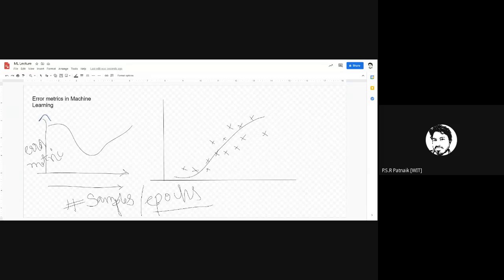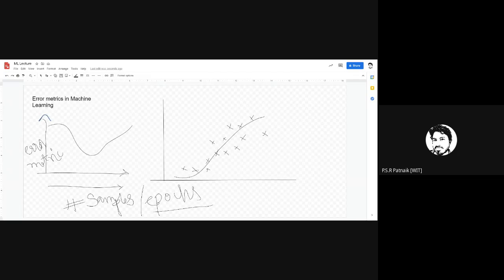Now coming back to linear regression, let us suppose this is my linear regression, and these are the data points. The crosses are the data points, and the curve which I have plotted is the learned linear equation, the regression curve.